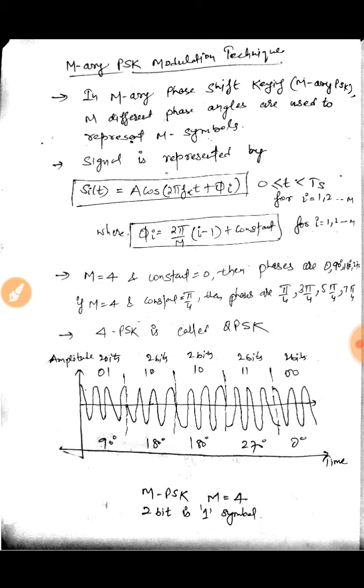So this is how we can represent different levels of symbols using the deviation in their phases, which will depend on the information bits. If we are using a 4 level system, then the 2 bits combined will be used to represent one symbol.